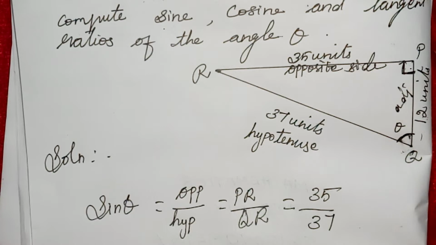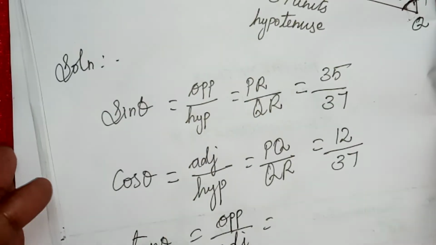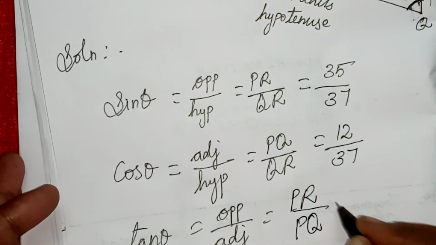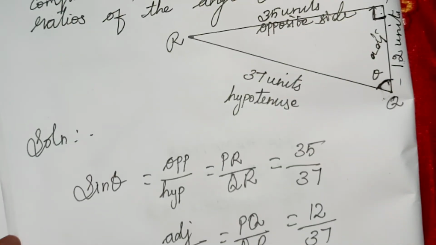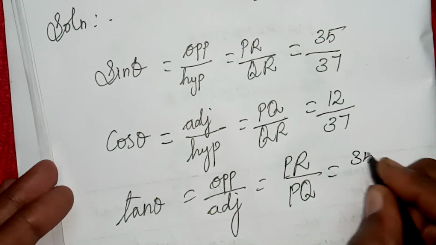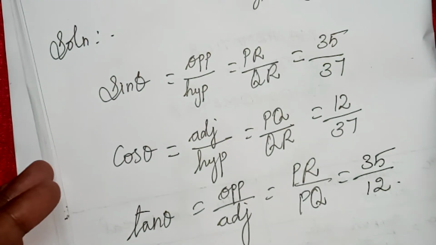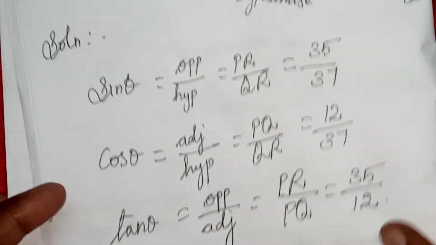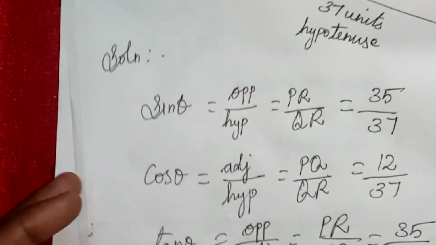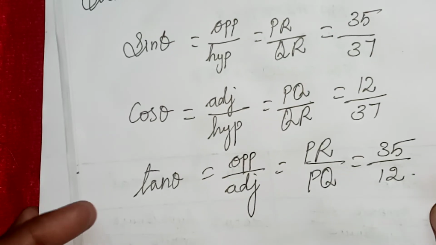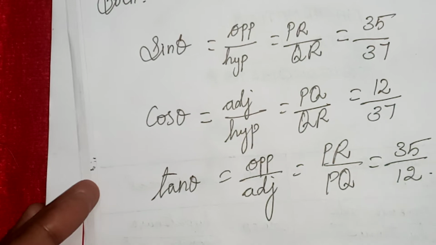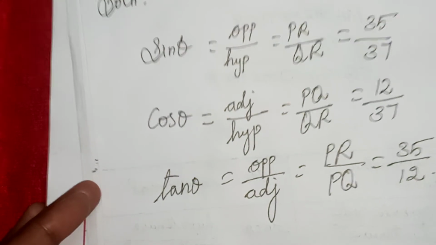So we write PR by PQ, which is equal to 35 by 12. This is how to find sine, cosine, and tangent. Any doubt here? Okay, clear?